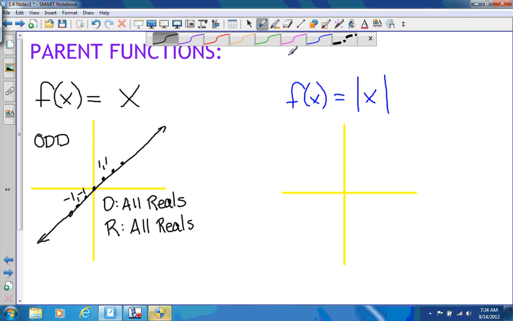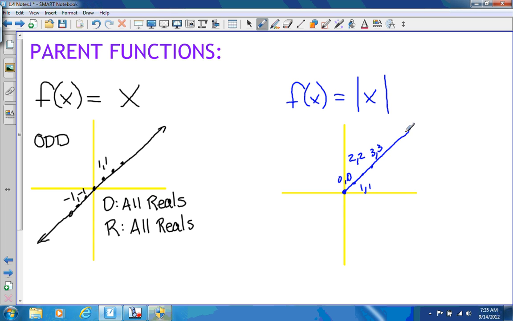Our second function that you should recognize would be the absolute value function. In the absolute value function, you have a coordinate 0, 0. There's also 1, 1, and 2, 2, and 3, 3, and 4, 4, and 5, 5, and so on and so forth.